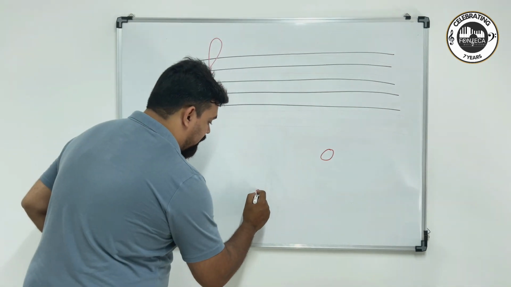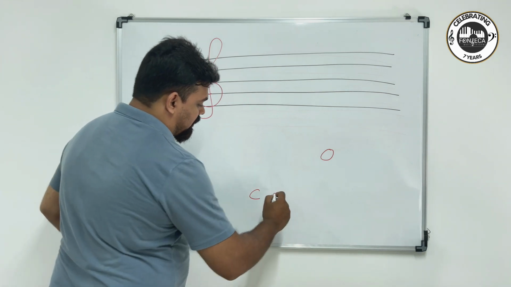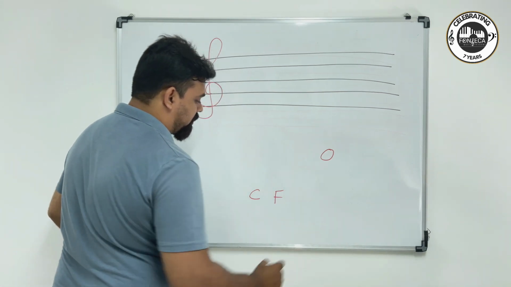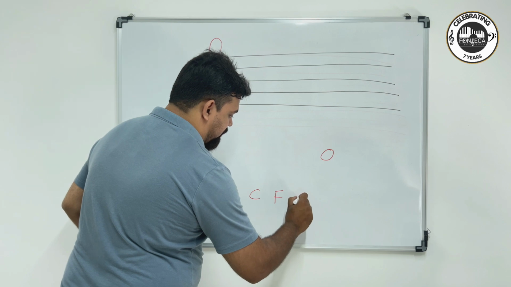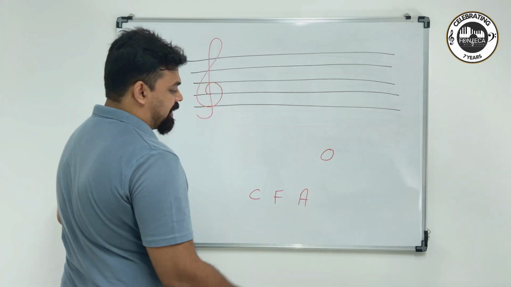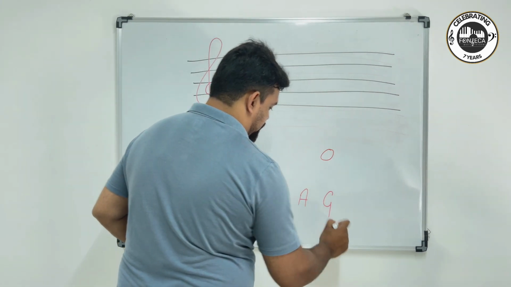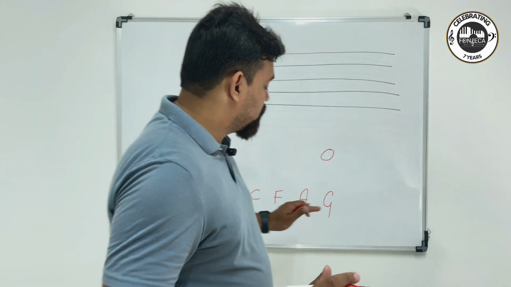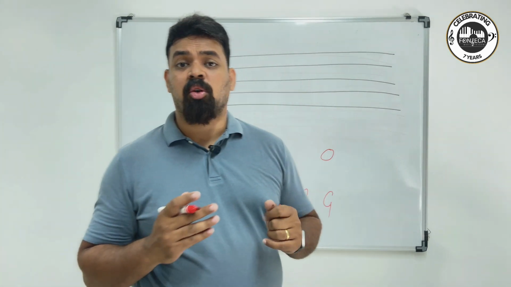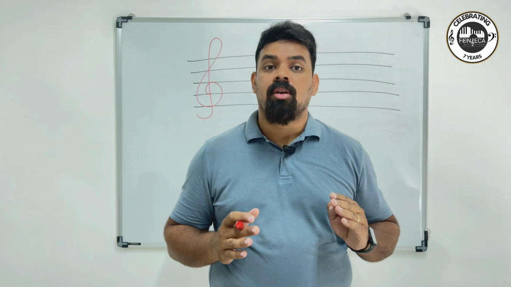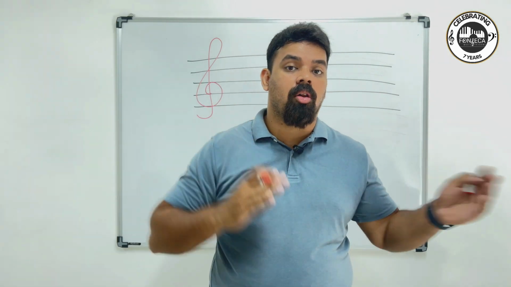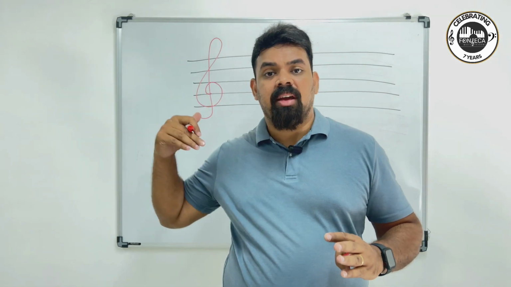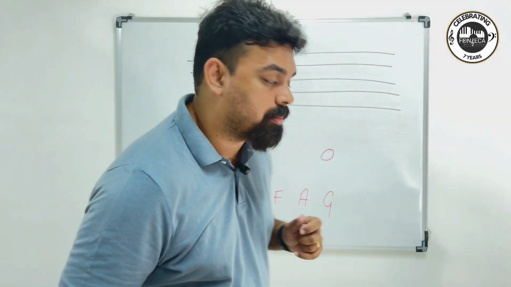First of all, let's take a C, let's take F, let's take an A, and let's take a G. These 4 notes are irrespective of their pitches, so we are not going to go higher or lower. We're going to draw them anywhere on the treble clef, wherever we can find them.